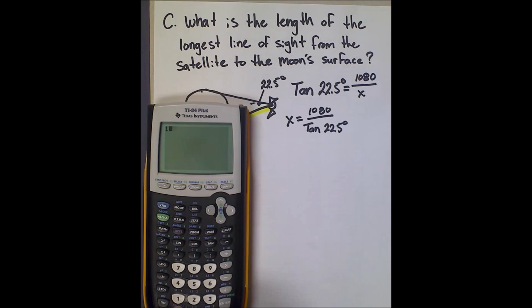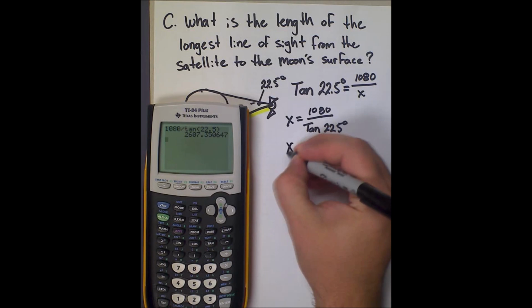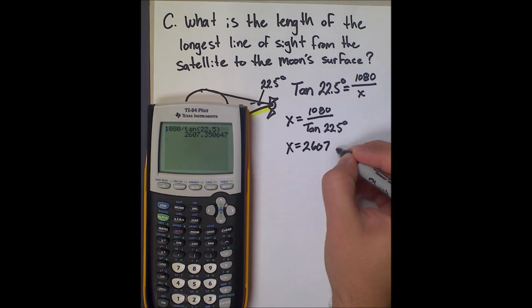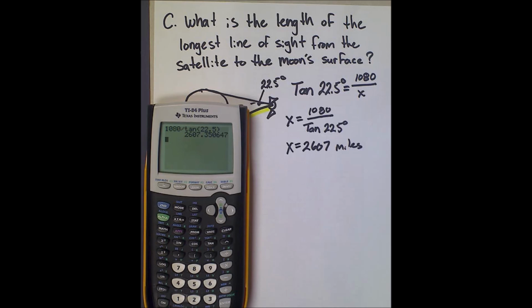Using the calculator, we see that x is equal to 2,607 miles approximately. And that answers the question, what is the length of the longest line of sight from the satellite to the moon's surface?